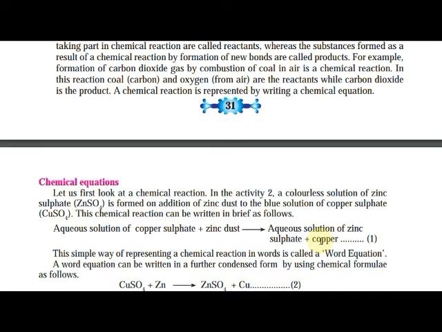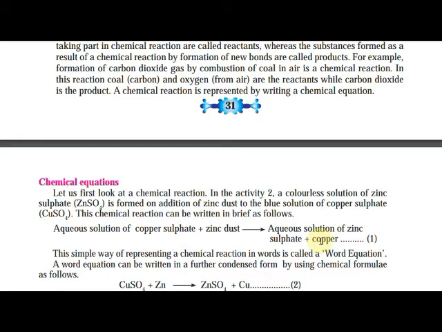What is the color of zinc sulfate? Colorless. What is the color of copper sulfate solution? Blue. The chemical reaction can be written as follows. Aqueous solution of copper sulfate plus zinc dust gives aqueous solution of zinc sulfate, and copper is displaced.